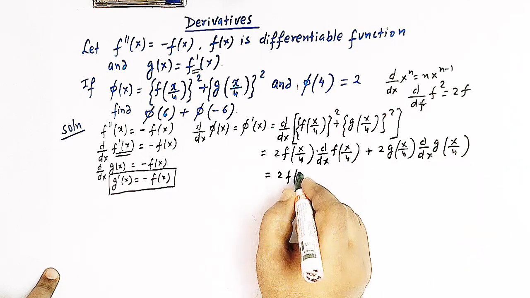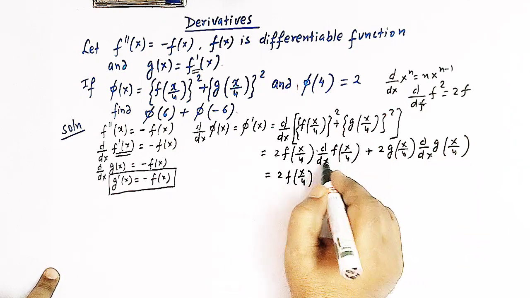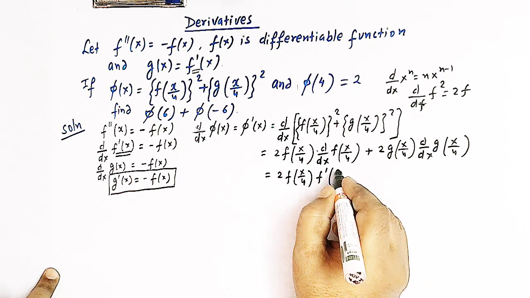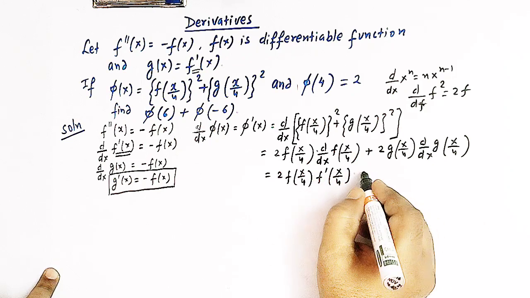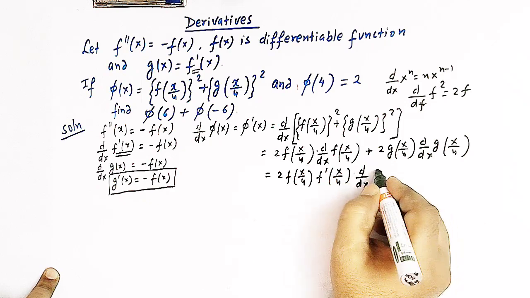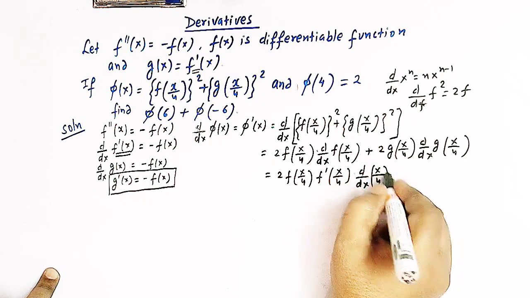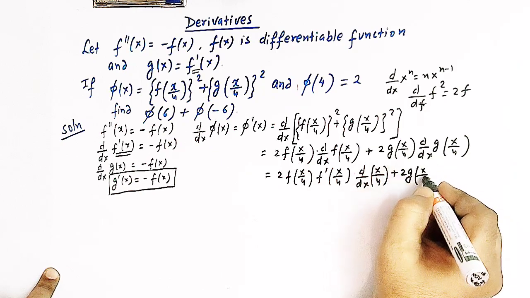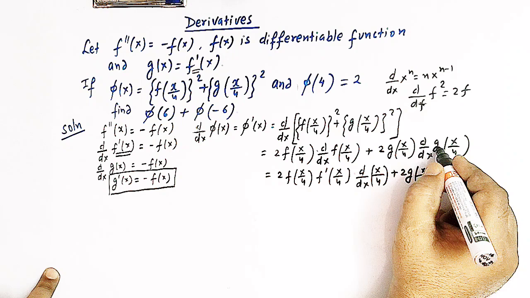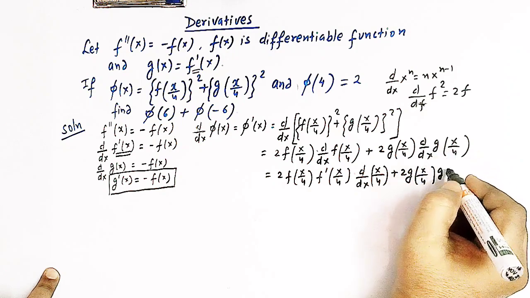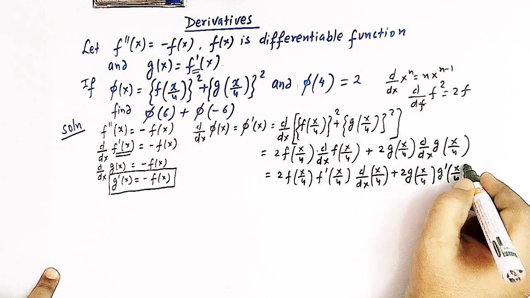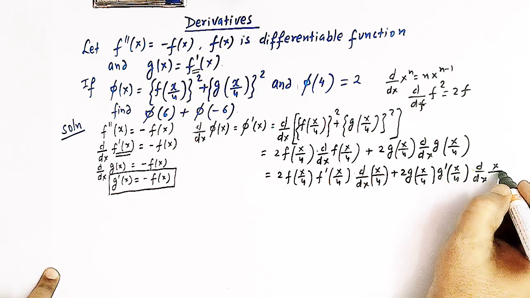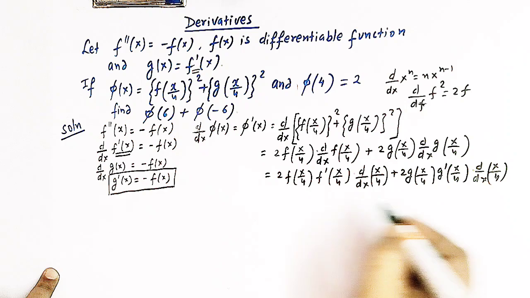So now let us simplify this expression. So we have derivative of f of x over 4, which is f prime of x over 4, and then by chain rule we have to find the derivative of x over 4. And similarly here we have 2g x over 4, the derivative of g x over 4 is g prime of x over 4, and then the derivative of x over 4 by chain rule, right?